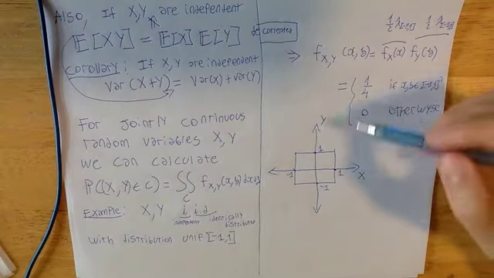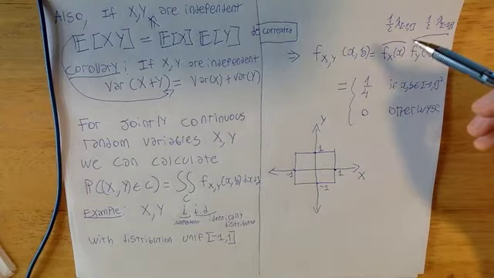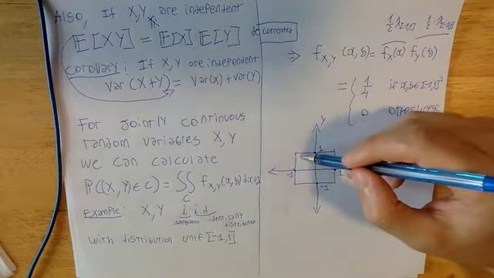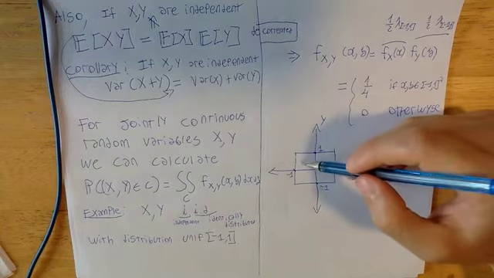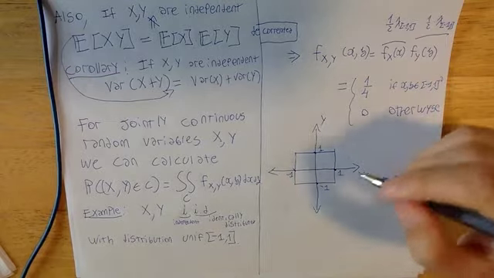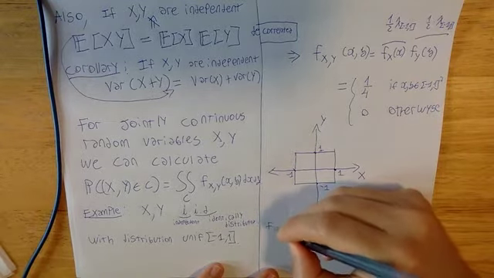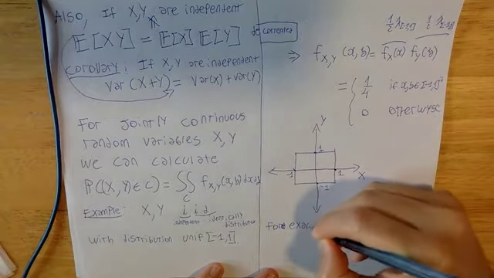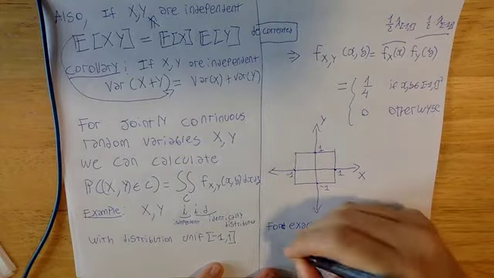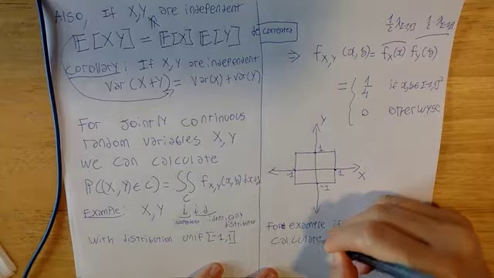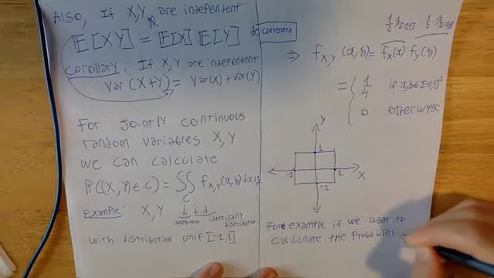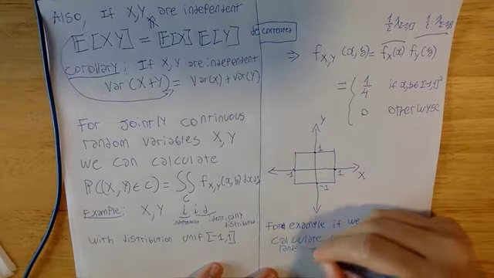Any point the pair xy takes, the pair lands in this square with equal probability for every point. So in particular, let's say we want to calculate the probability that it lands in the unit disk.